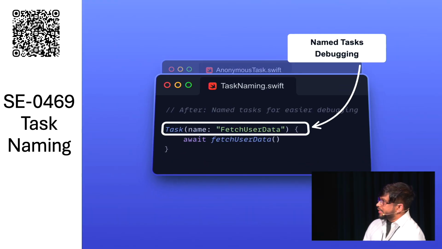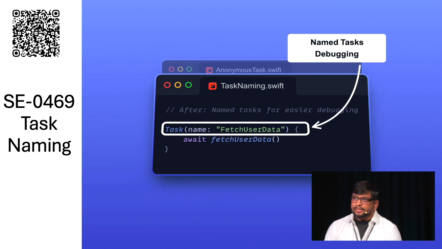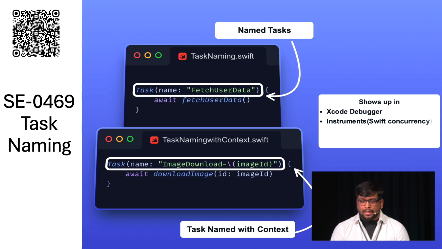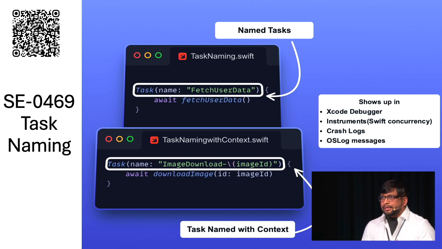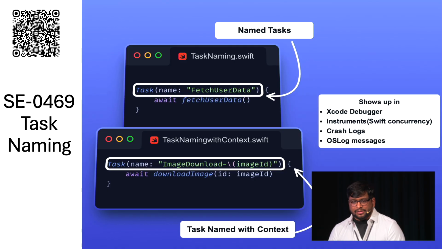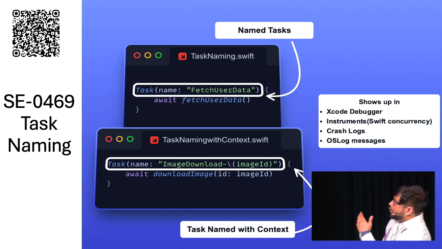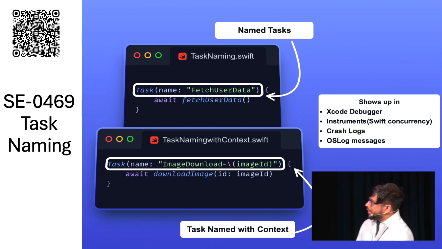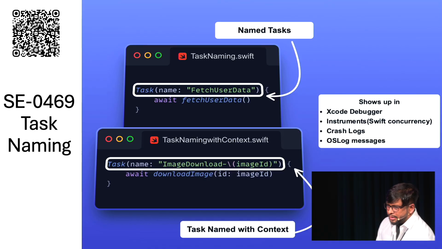SE-0469, task naming. This is a huge quality of life improvement for debugging. Before that, all the tasks were anonymous in the debugger and also in Instruments. It's very tough to identify which task is which. After this, you can name the task along with context, especially an image ID or a data ID, so that you can easily capture those things.